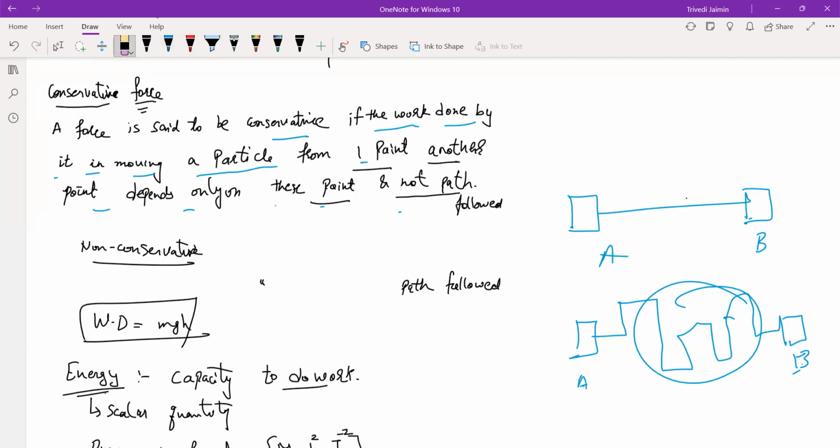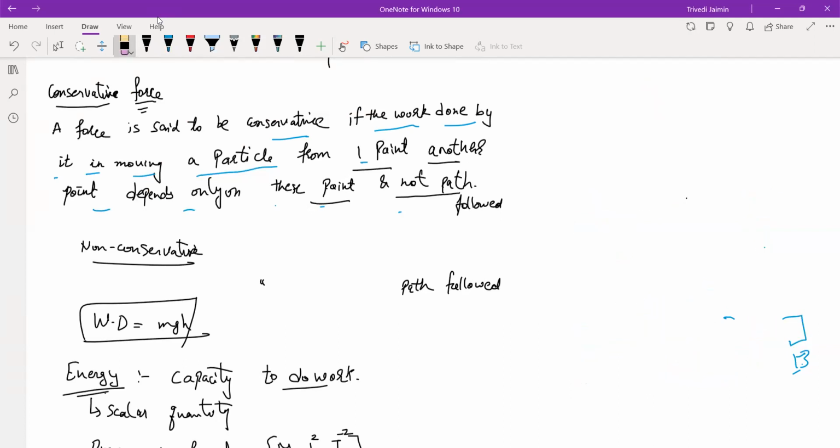What matters is the final and initial point, because that's the displacement, right? That is the work done in moving a box. So force applied and it displaces. However it is displacing, we are not worried about the path followed.